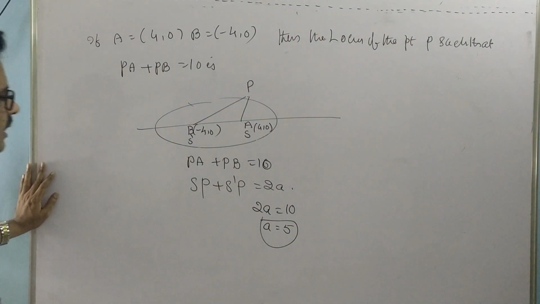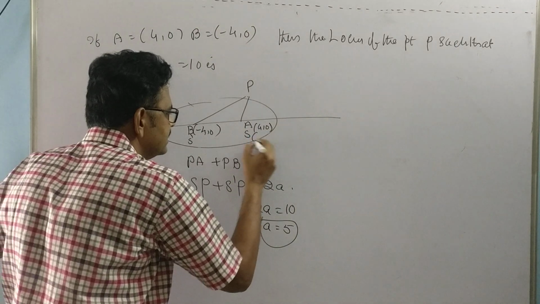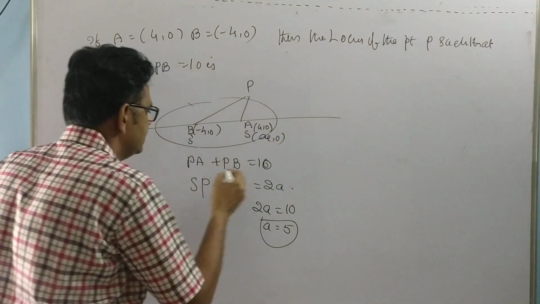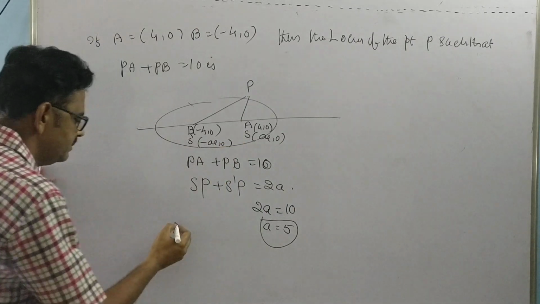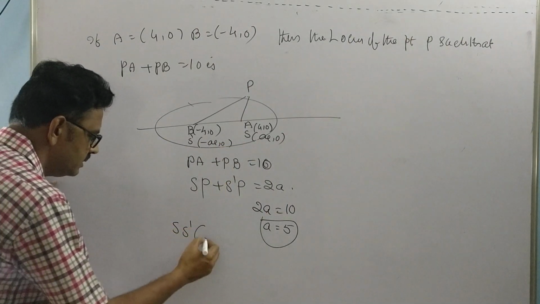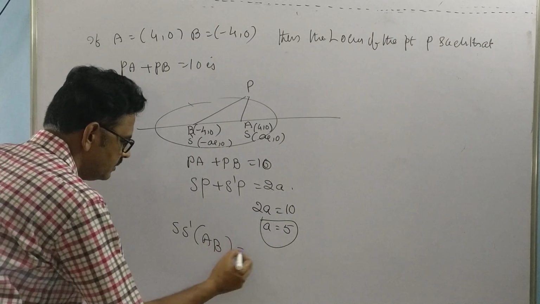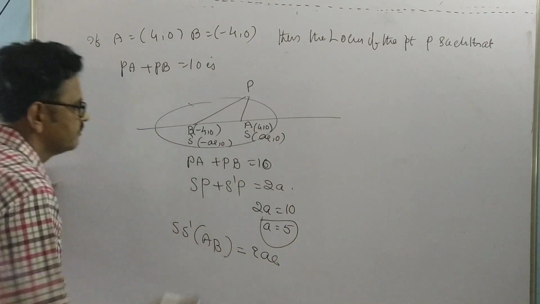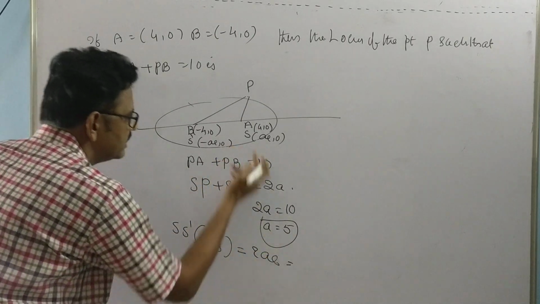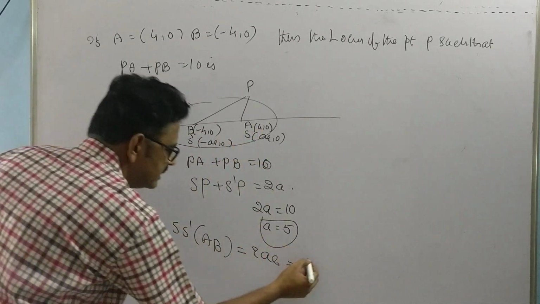A is 5. What are the coordinates of S? AE comma 0, S dash minus AE comma 0. What is the distance between S and S dash? That is SS dash, 2AE. What is the distance between these two? 4 plus 4, that is 8.